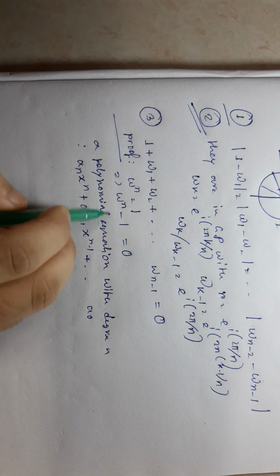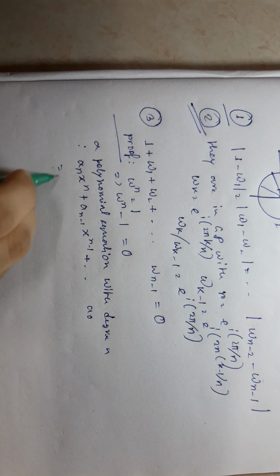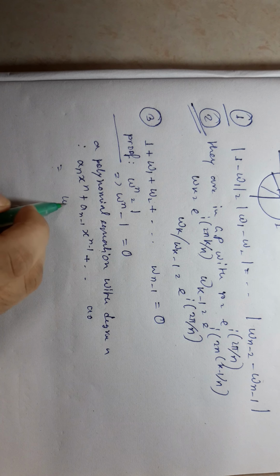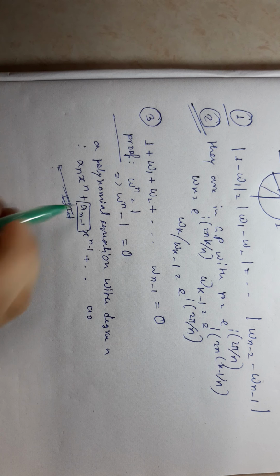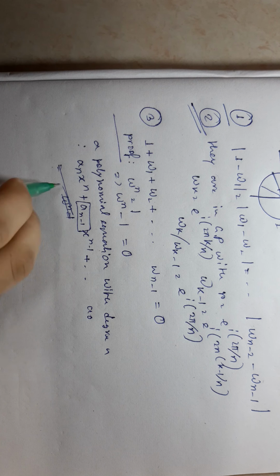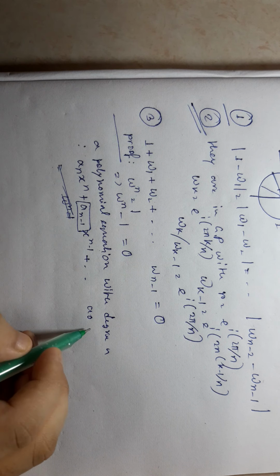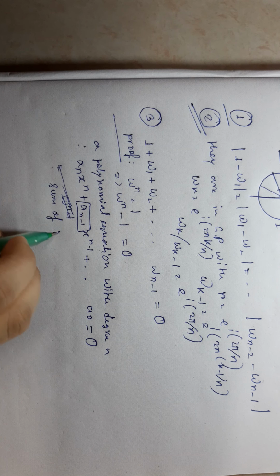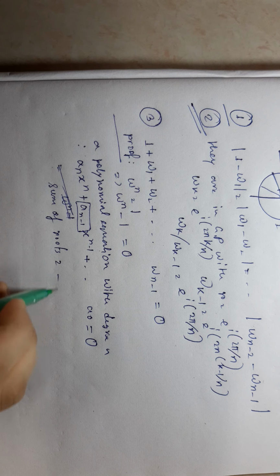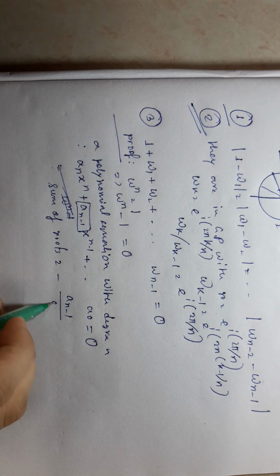And there should be some omega to the power n minus 1 term, but there is no such term. Actually, if this is the polynomial equation equal to 0, then the sum of roots is equal to minus a n minus 1 by a n.